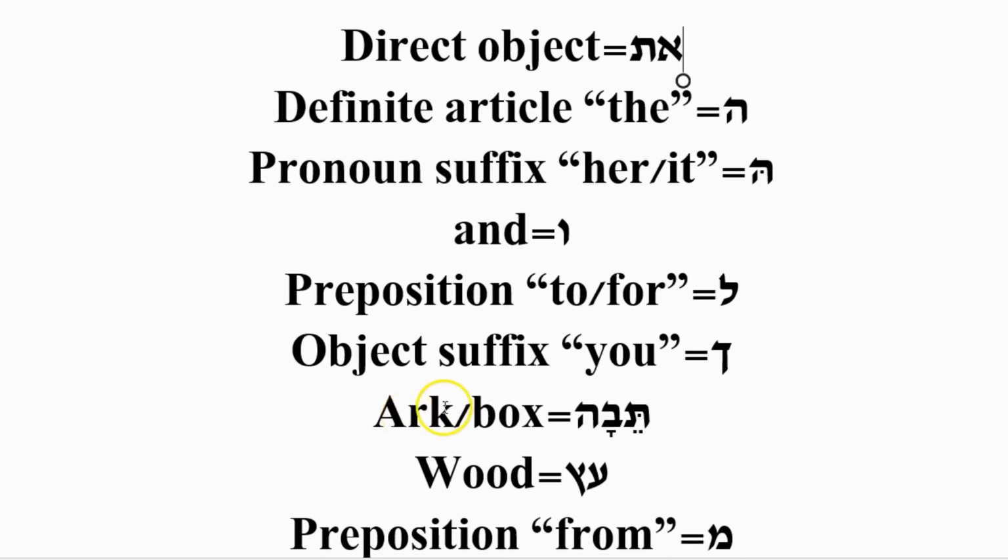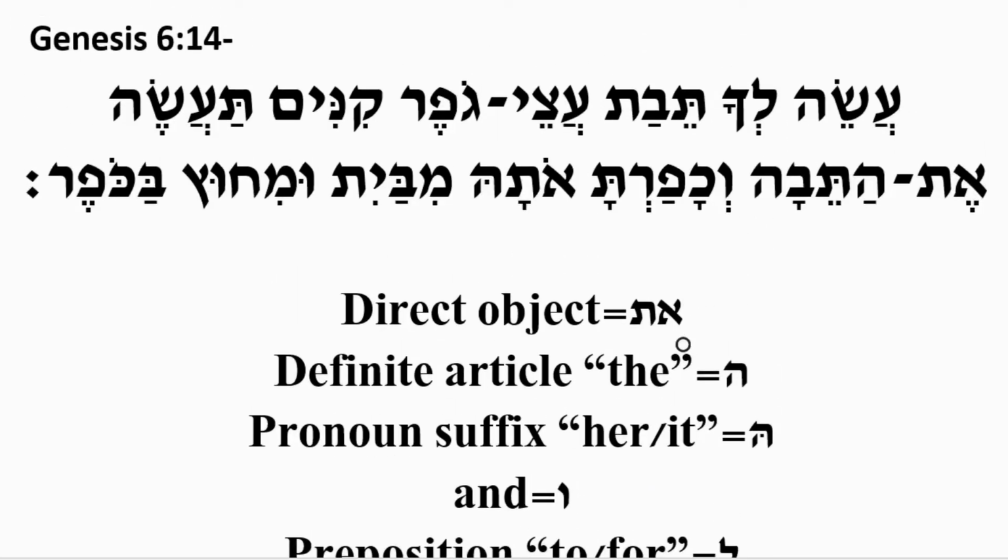Whatever the case, it's an ark. Okay, so we go up here. So et hateva, direct object is the ark. Okay, and ota, direct object is her or it. Okay, so we'll have to see whether there's a her or an it in this verse.